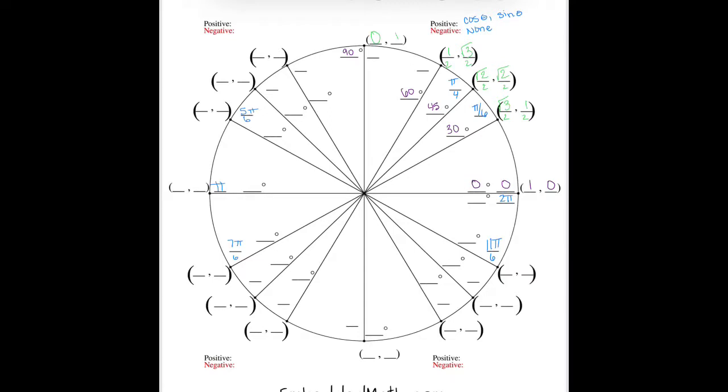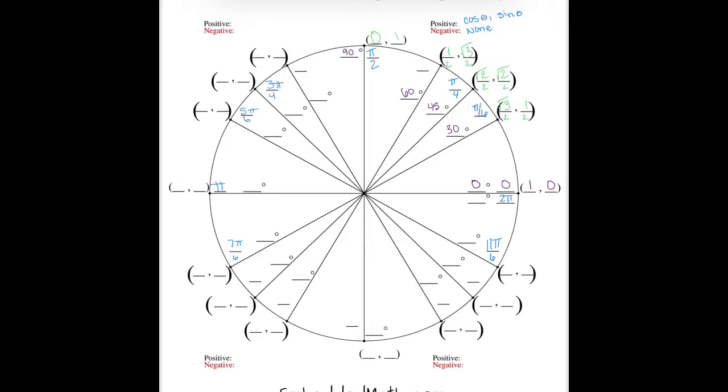Let's do my 45 degrees as well. This one's going to be pi fourths. Now, if we go every pi fourths, the next pi fourths, so next 45 degrees, is going to put me at 90 degrees. Well, if I added pi fourths with another pi fourths, that's going to give me 2 pi fourths.